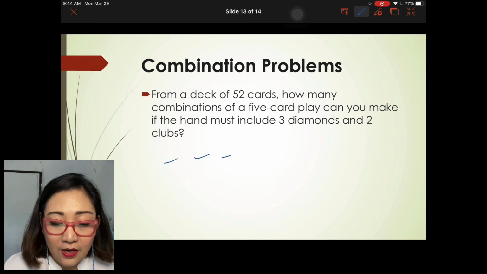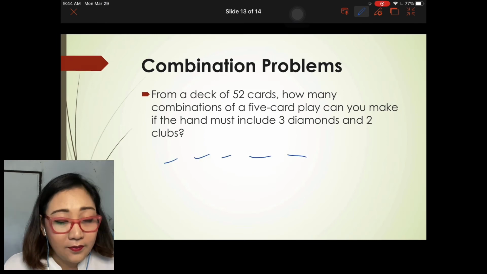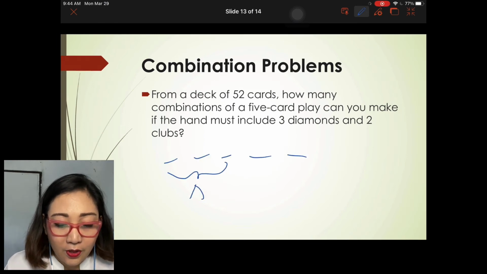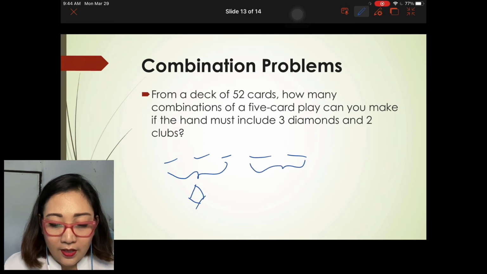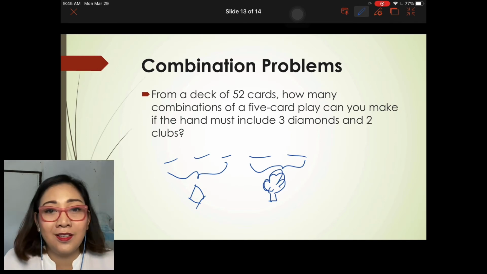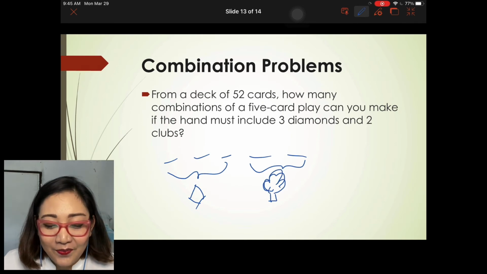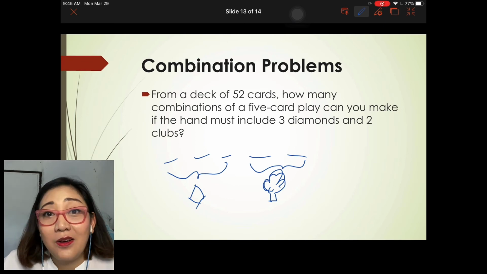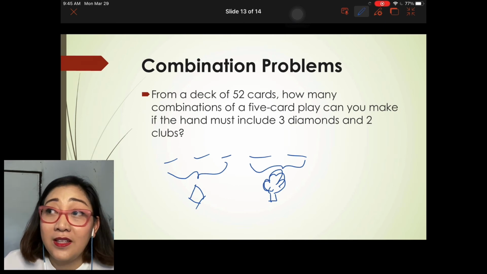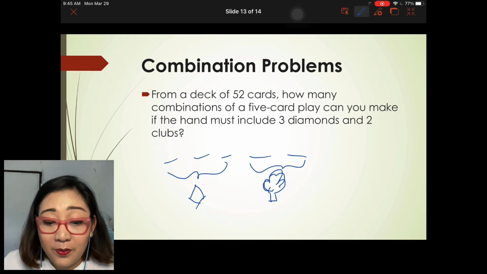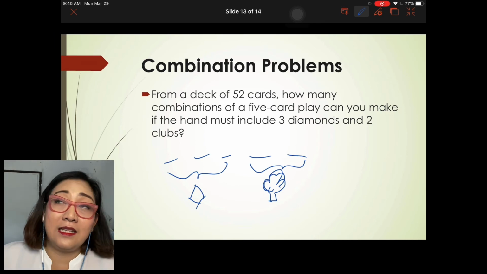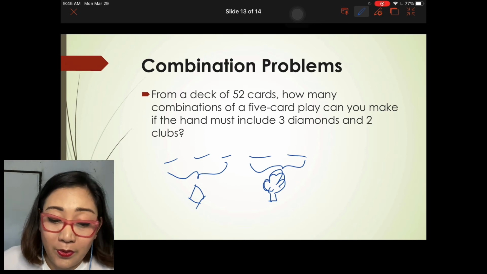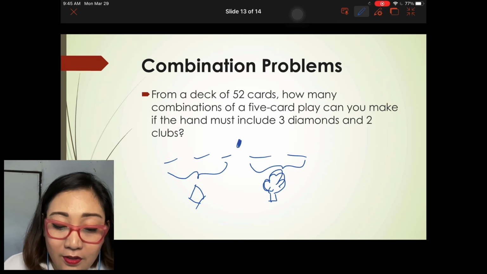So in this case, you have 5 slots, right? 3 of those cards must be diamonds, and then 2 of those must be clubs. Oh, I'm not good at drawing, I'm so sorry. Okay? So now, your choices are narrowed down. However, that doesn't mean you change what you do with your choices. We will still use the fundamental counting principle. We're going to multiply your choices.